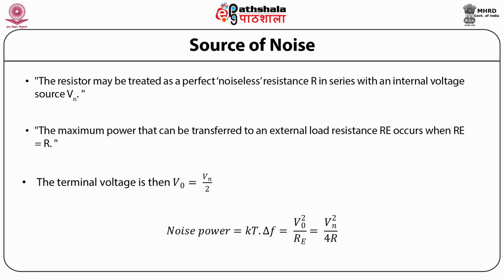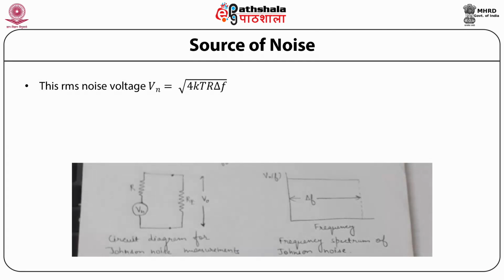So the noise power kT delta F is equal to V0 square by Re, equal to Vn square by 4R. So this RMS noise voltage Vn is equal to root of 4 kTR delta F.